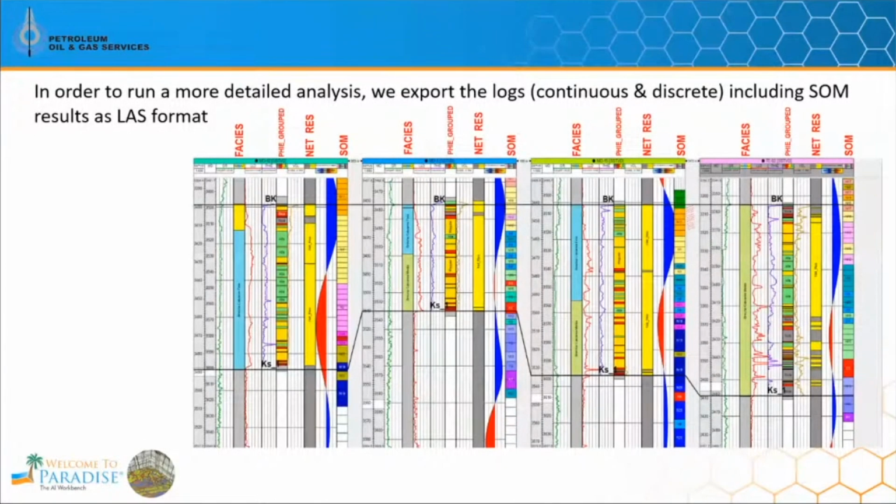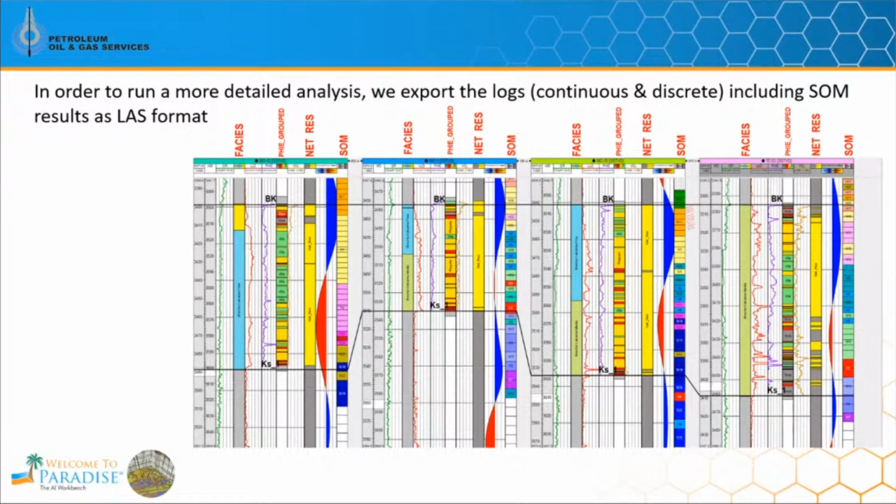So in order to run a more detailed analysis, we export the logs, continuous and also the discrete logs, including the SOM classifications as last format, and the sample interval for well logs, including the SOM classification, is half a feet or 0.15 meters.